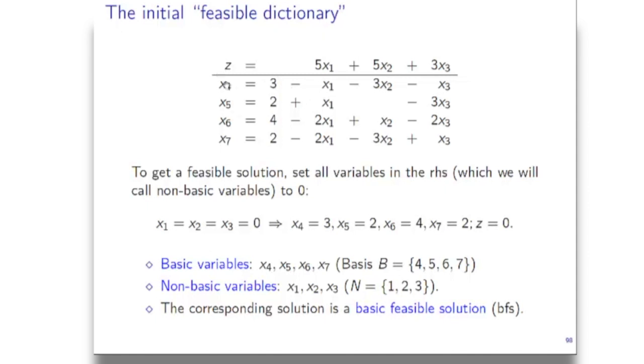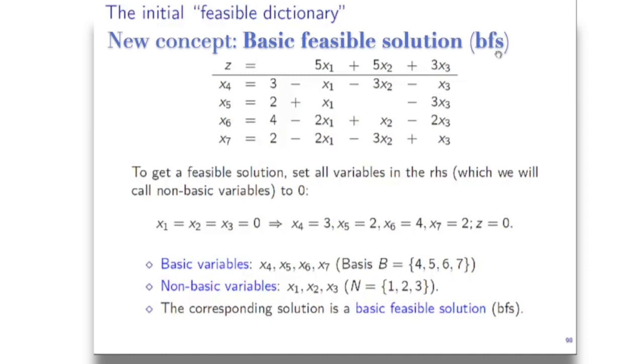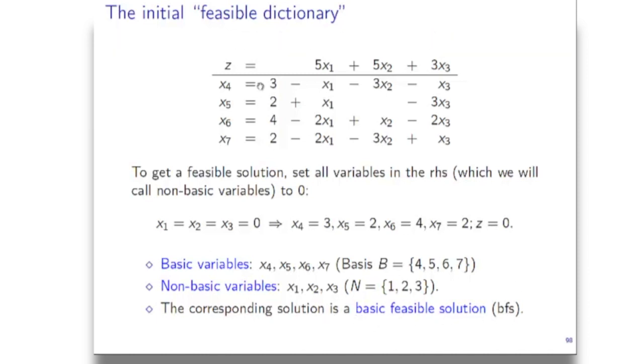We'll think of x4, x5, x6, and x7, so the variables that we use on the left, as the variables that form the basis, and then all the remaining variables will be called non-basic variables. So the non-basic variables are the ones that I set to 0. With this way of constructing a feasible solution, where I set all the non-basic variables to 0, we call it the basic feasible solution, or BFS, corresponding to this dictionary.